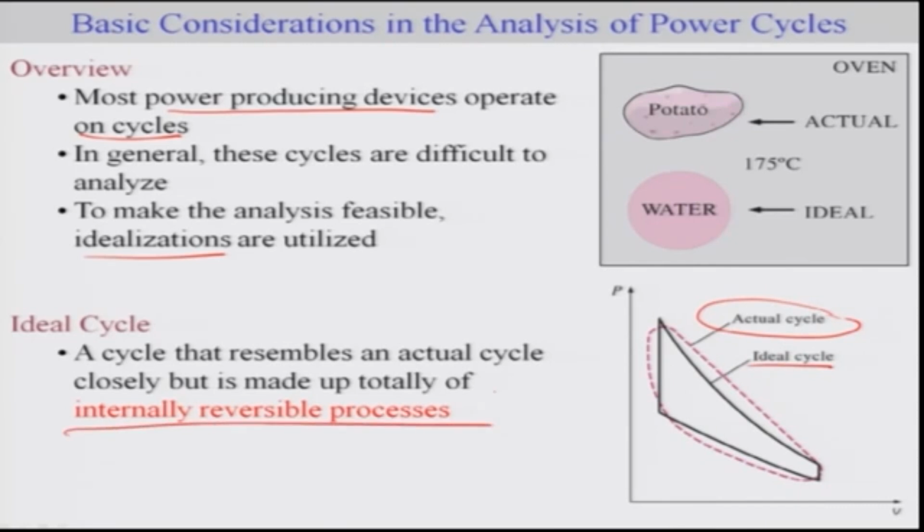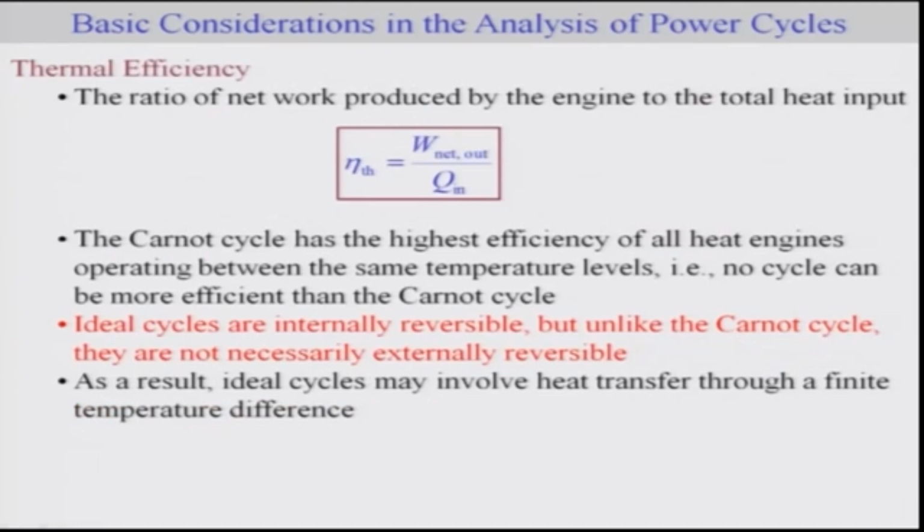So, this is an example of converting an actual cycle to an ideal cycle for the sake of analysis. Okay. So, an ideal cycle would be a cycle that resembles an actual cycle closely, but is made of totally internally reversible processes.